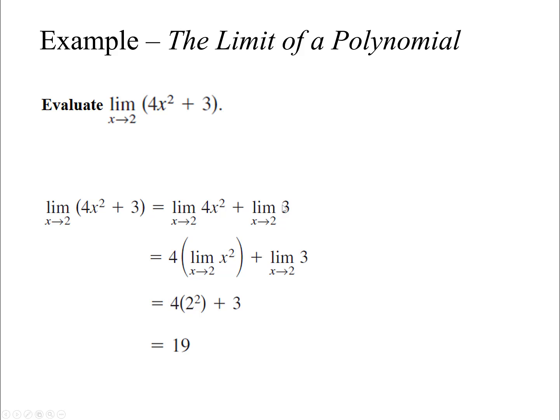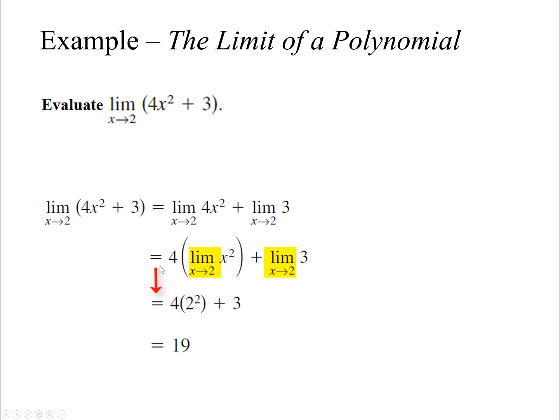So again, on this example, we used 3 separate theorems to evaluate the sum of these two functions. And finally, 2 squared from this piece is 4. 4 times 4 is 16. 16 plus 3 is 19. You should note that at each stage, you need to write the limit until you're evaluating the limit.